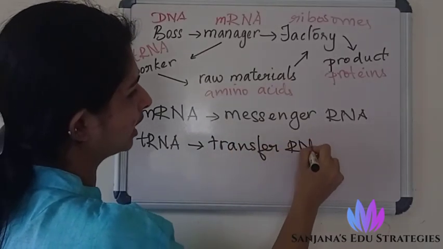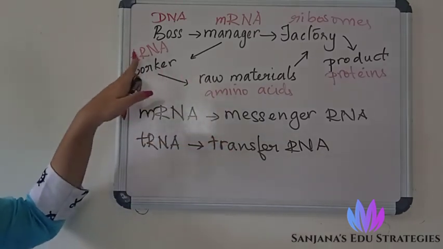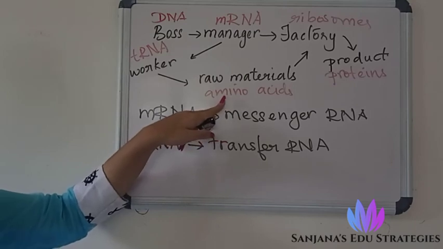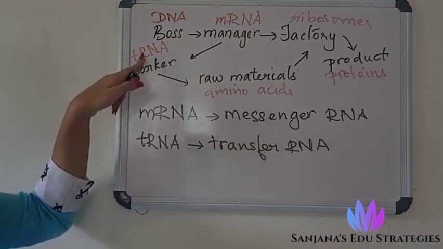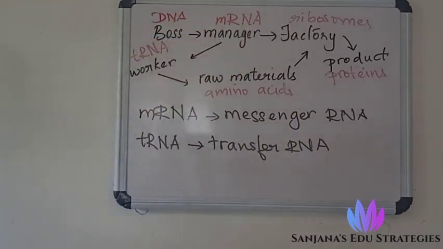What this transfer RNA does is bring the amino acids. It is coded for bringing amino acids to the factory, the ribosome. That is the function of transfer RNA. It is transferring amino acids to ribosomes.